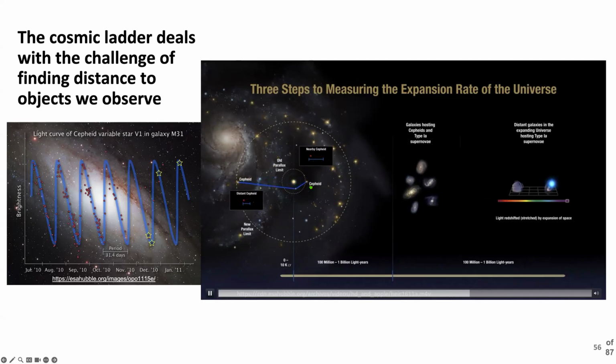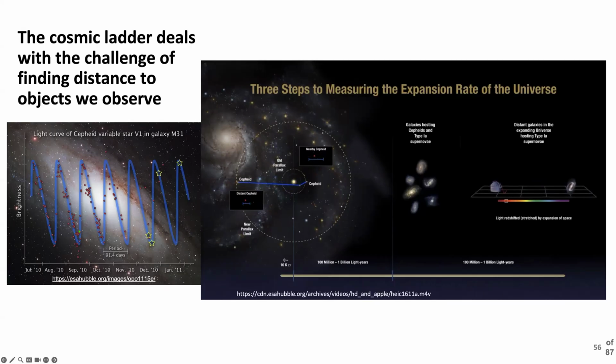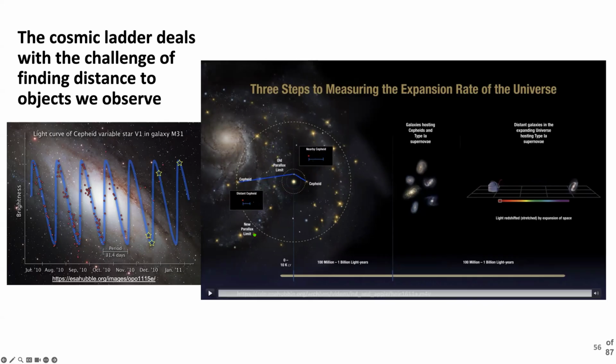But in doing this, we can characterize the light output from these Cepheid variables, because we know the nearby ones rise and fall in light output proportionate to the period of their brightening and dimming. In this case, this object brightens and dims in about a month. So using this, we get what's called a standard candle.